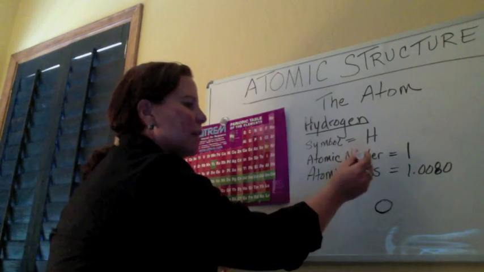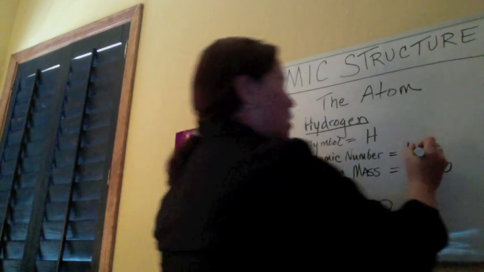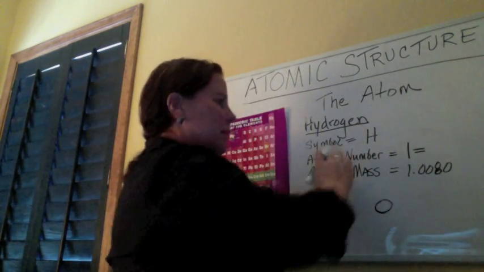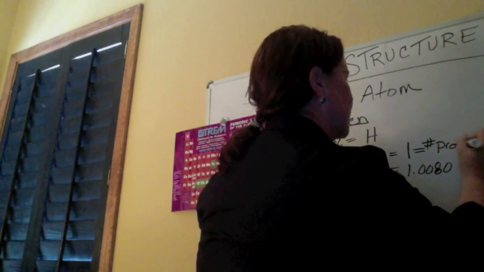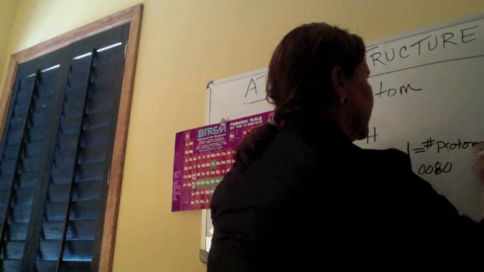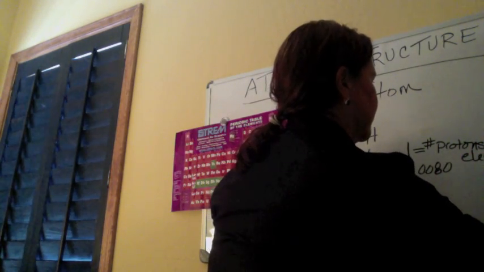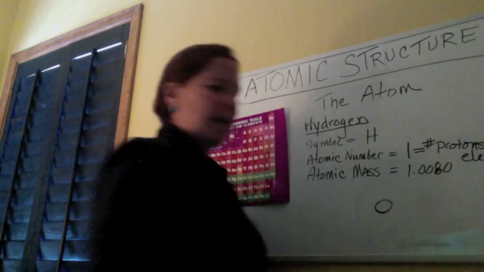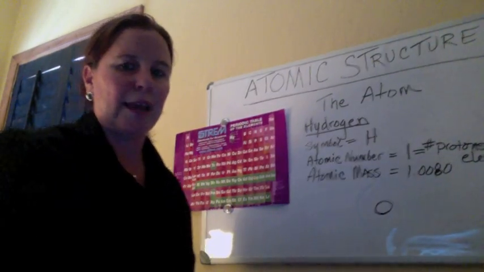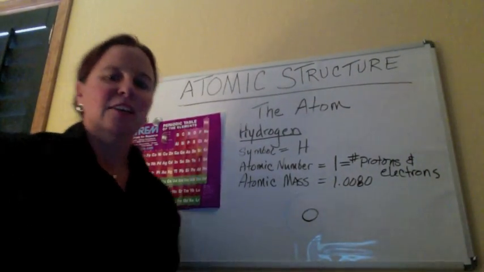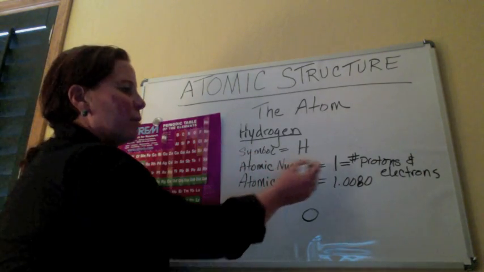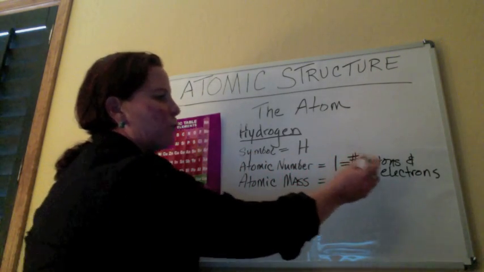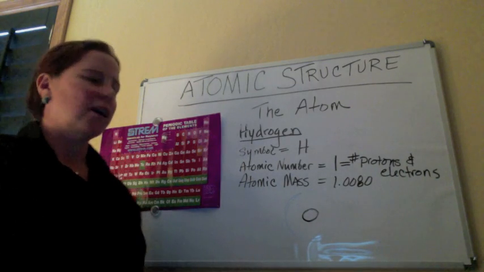The atomic number always equals the number of protons and electrons. Okay? So what that means is that the atomic number equals 1, and it equals the number of protons and electrons.